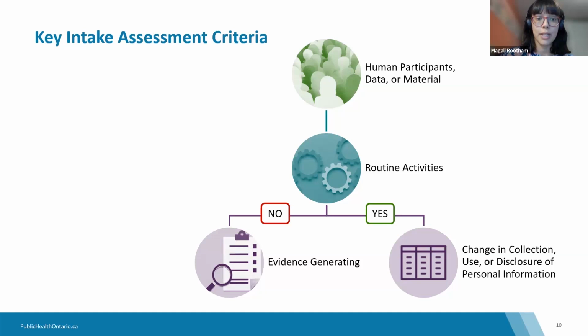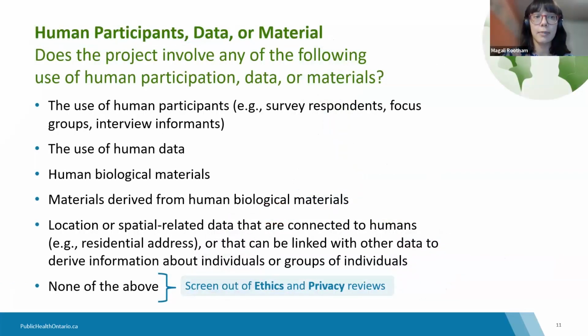So the first question you see, and that everyone sees, is the human participants question. This question is to say if you have any human participants, data or material. But I did want to draw attention particularly to the last two items above, none of the above, that sometimes people miss because maybe they don't think of it as human data or human participants.